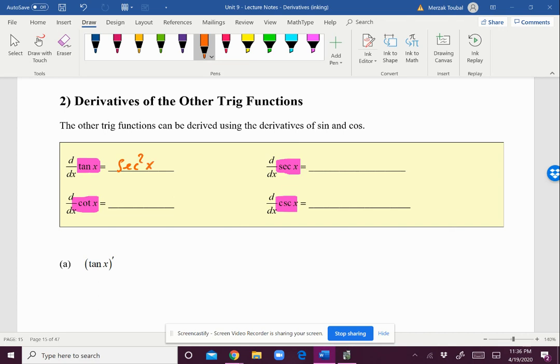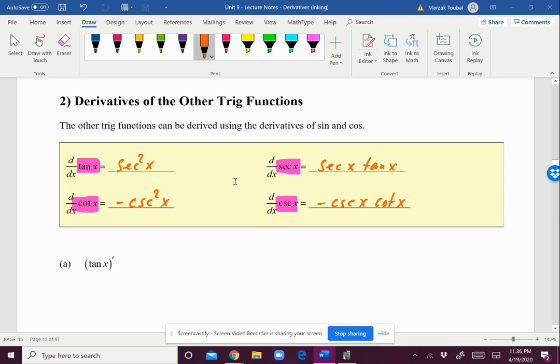Derivative of secant is secant times tangent. Derivative of cotangent, negative cosecant squared x. Derivative of cosecant is negative cosecant x cotangent x.